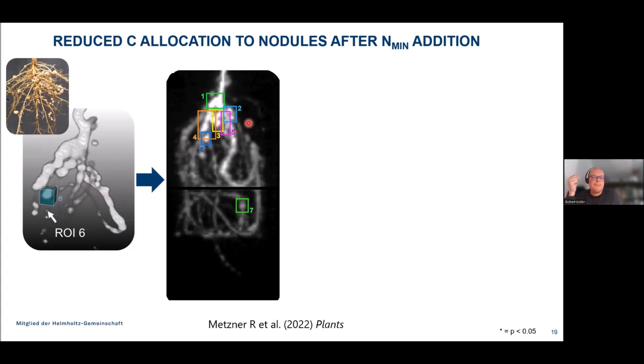Meaning that the plant is able to take up this resource via its own root system and is not depending anymore on the rhizobia symbiont. So would the plant reallocate its carbon resources, and what would happen after this?